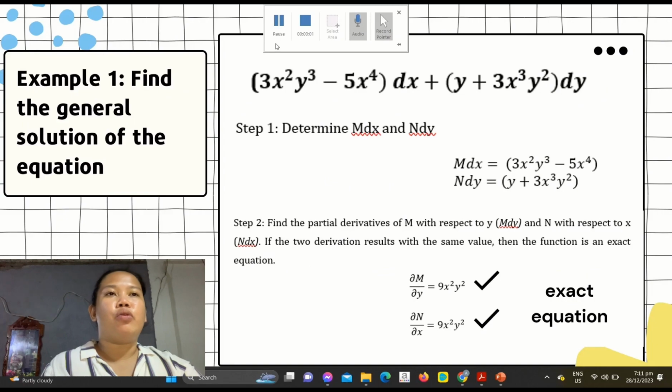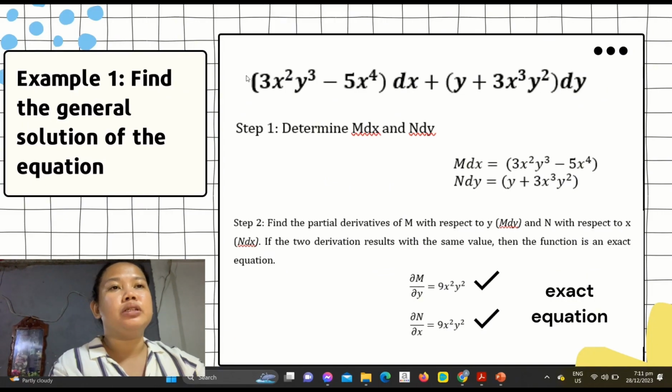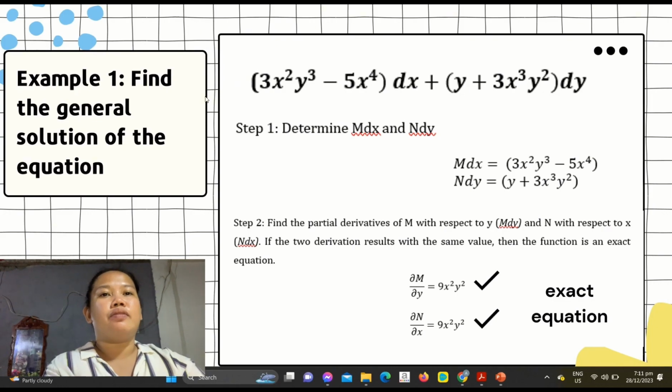Now, for us to better understand those steps, we have here our first example. Find the general solution of the equation (3x squared y cubed minus 5x to the power of 4) dx plus (y plus 3x cubed y squared) dy.